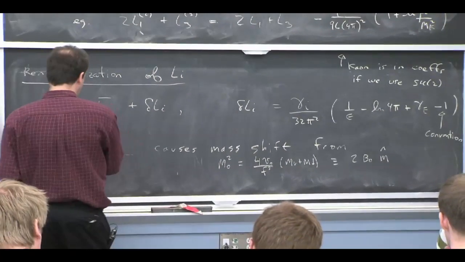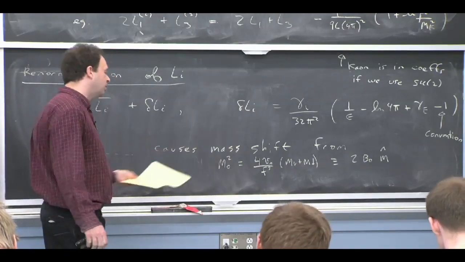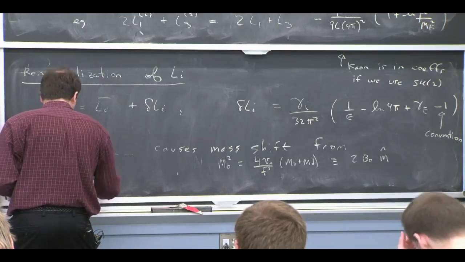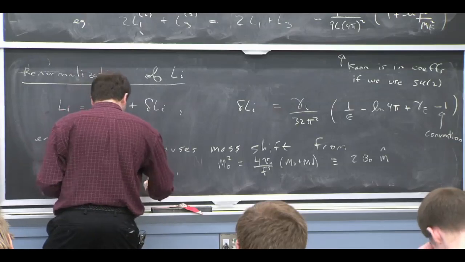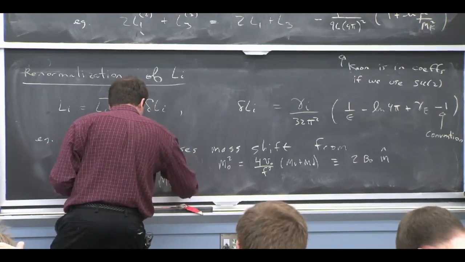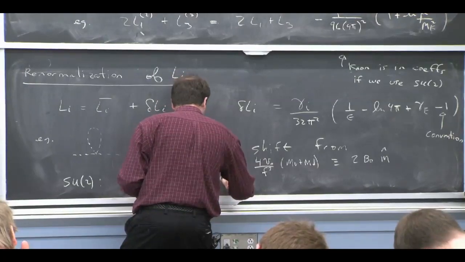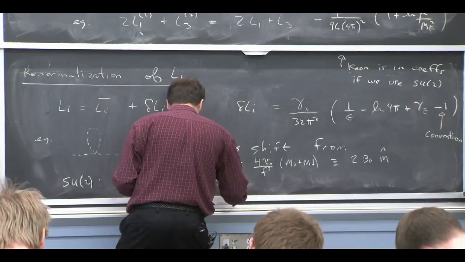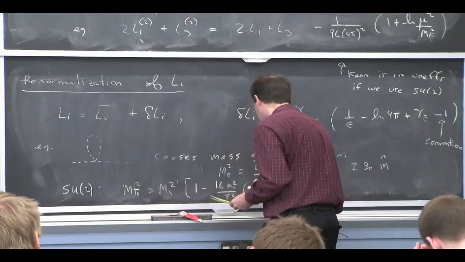And so if you actually calculate this loop, then you get a correction to that formula. This would be m pi squared, but you would get a correction. If you did it in SU2, just to keep the formula a little simpler, then it would look like this. So M0 is like the pion mass, but the pion mass at lowest order in the chiral expansion. So it's not the physical pion mass.